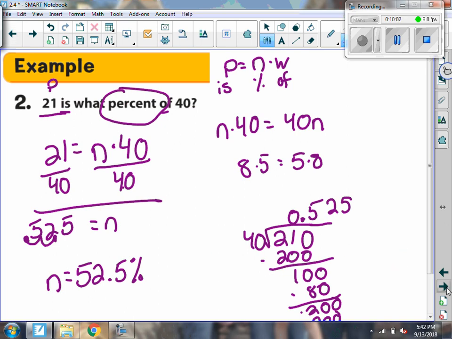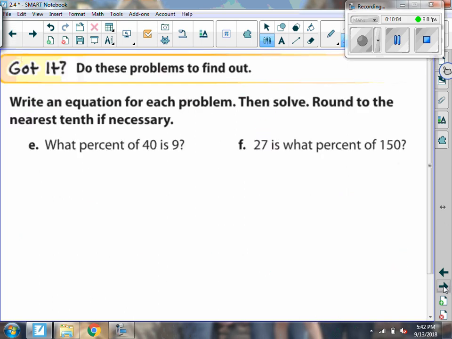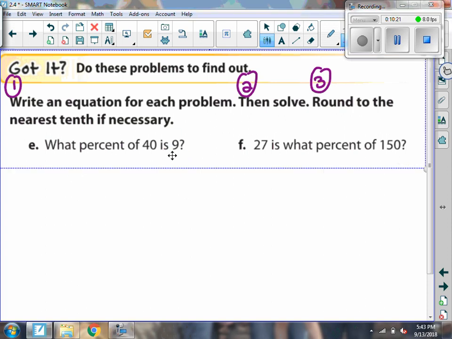So do the same thing with E and F. It says write an equation for each problem, then solve, and round to the nearest tenth if necessary. Okay, so what percent of 40 is 9? So here's is. Does it go with 40 or does it go with 9?